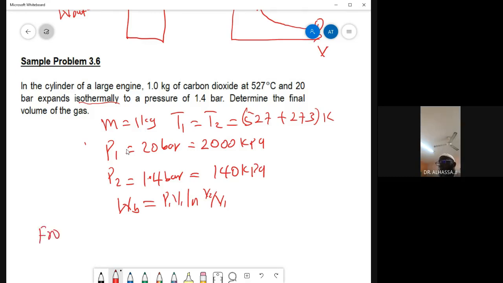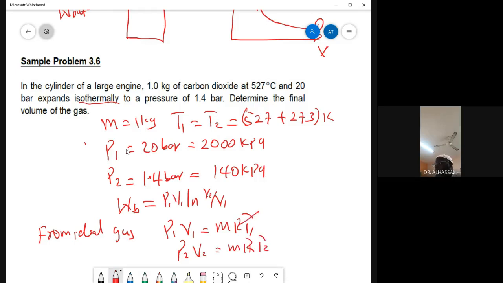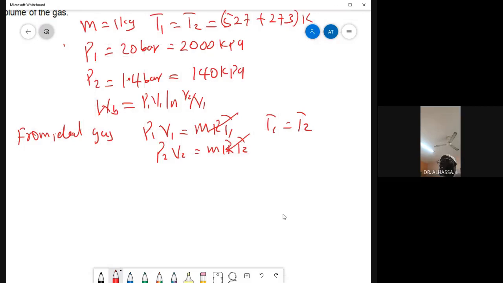So from the ideal gas law, P1 V1 equals M R T1. P2 V2 equals M R T2. All this will be constant because T1 equals T2. You understand? So eventually, we'll have P1 V1 equals P2 V2.